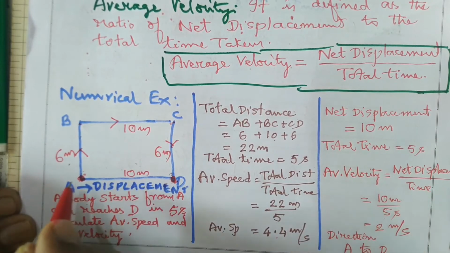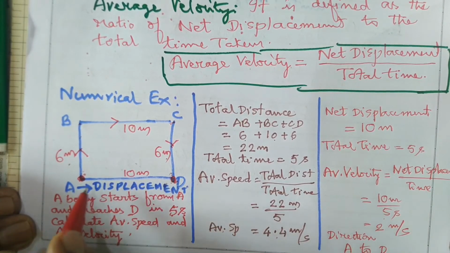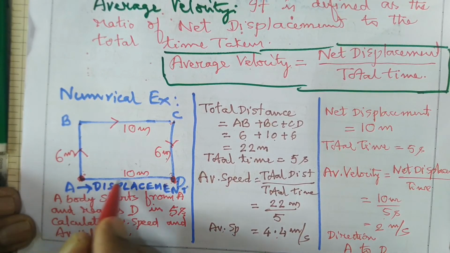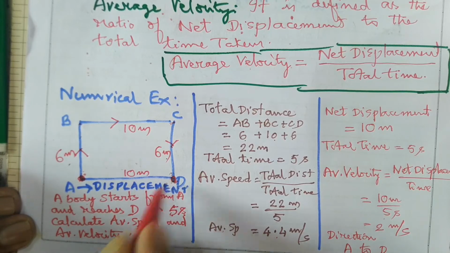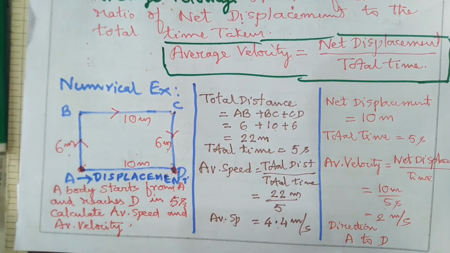But the initial position is here and the final position is here. The shortest distance from initial to final position is along the direction A to D. Therefore, net displacement is A to D, and therefore the average velocity direction is also A to D.